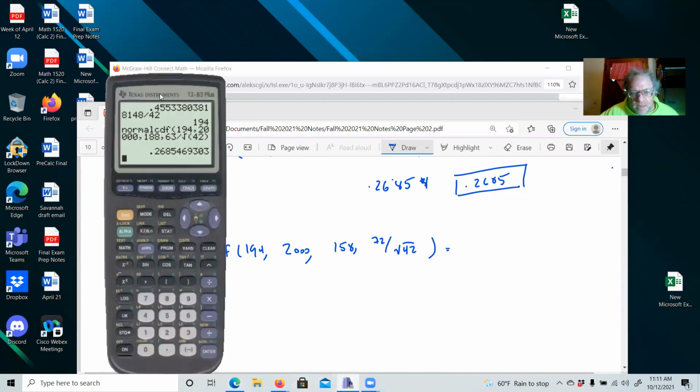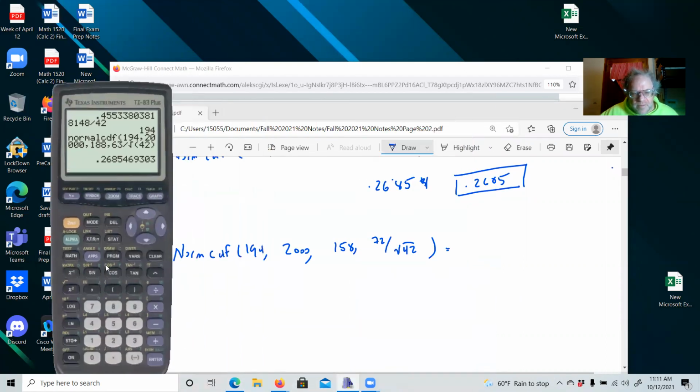So we have second function distribution, CDF, enter, 194, 2000, right? We were looking for the minimum. This is the chance it's going to go over. So we need 158, and then comma, and then, oh no, not square root yet.